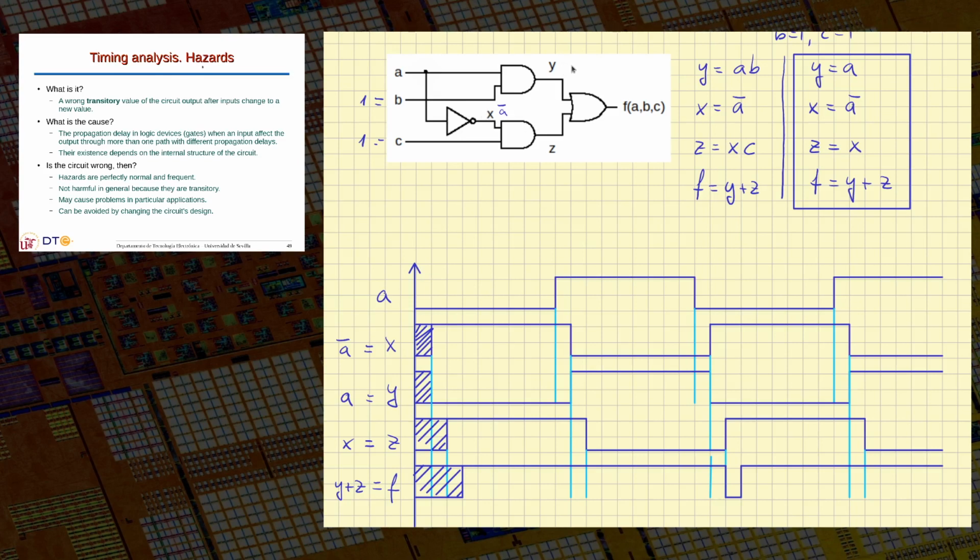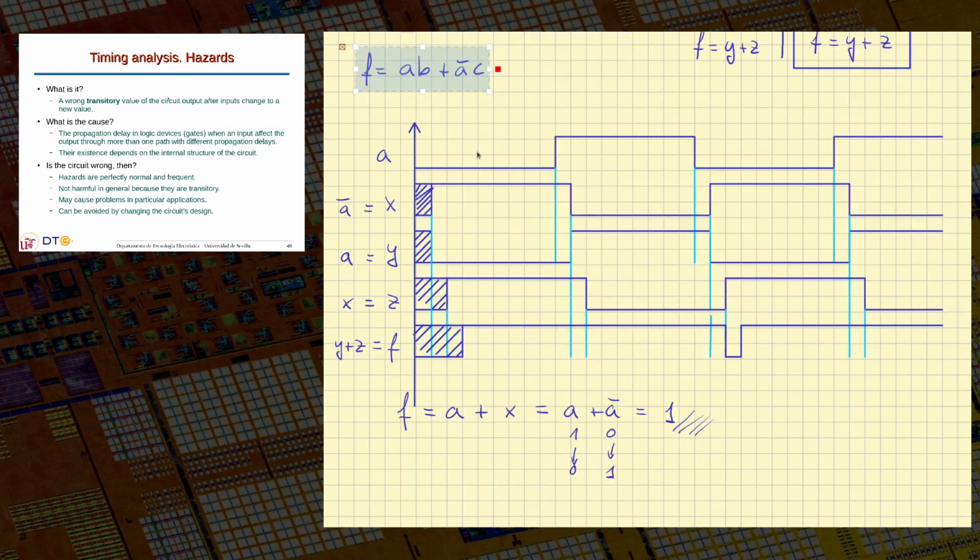This is A and B. This is A complemented and C. So finally, F, as implemented by that circuit, is this expression: AB plus A complemented C. Okay, so this is the expression that corresponds exactly to this circuit. We'll move this expression here.